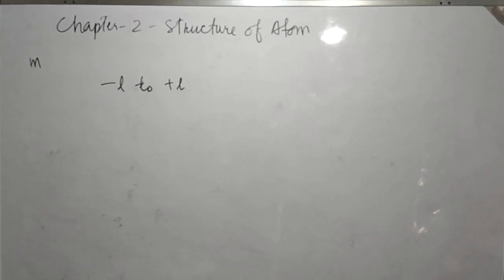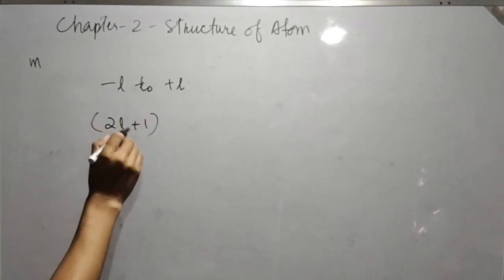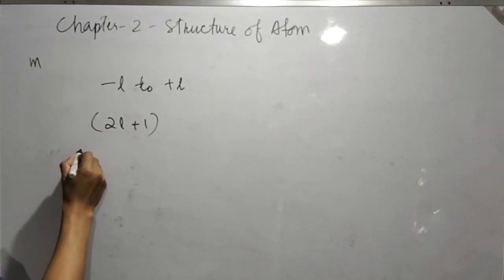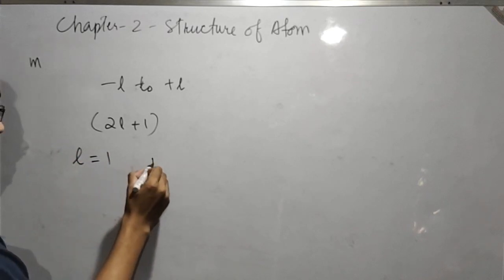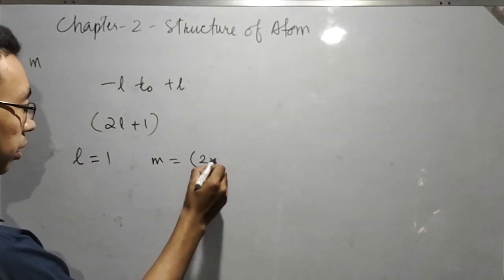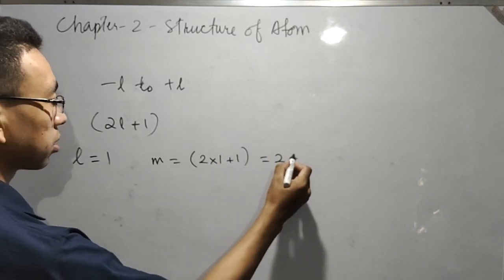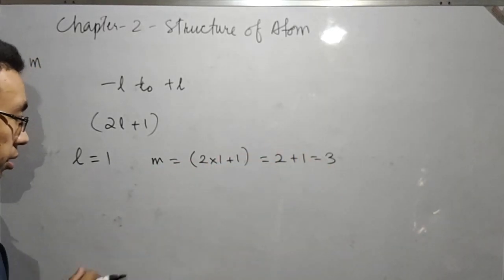For a given L value there are 2L plus 1 values of m. So let us see, if L equals 1, then m is equal to 2 into 1 plus 1, so 2 ones are 2, plus 1 equals 3. A total of 3 orientations will be there.